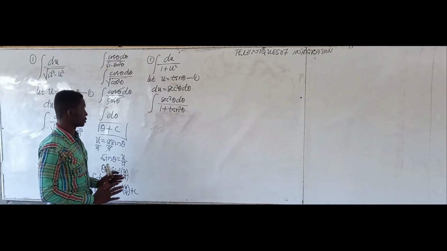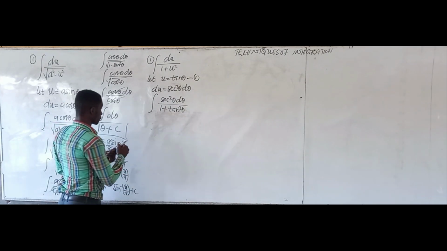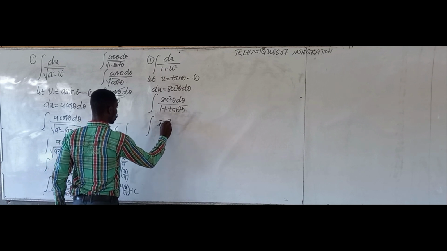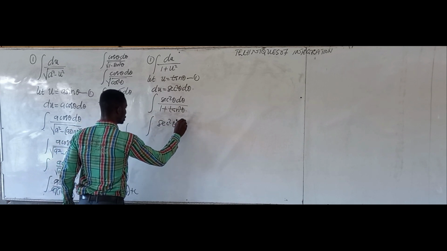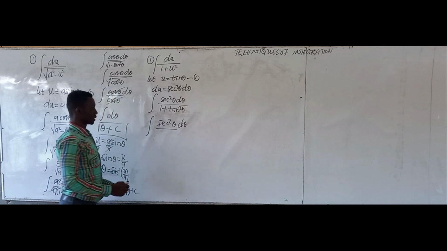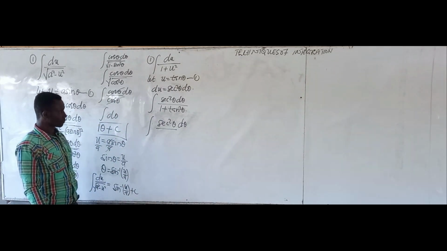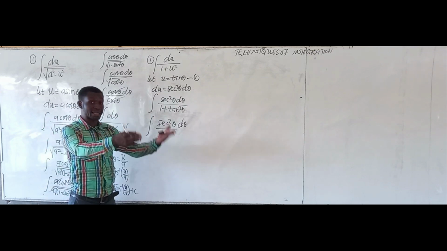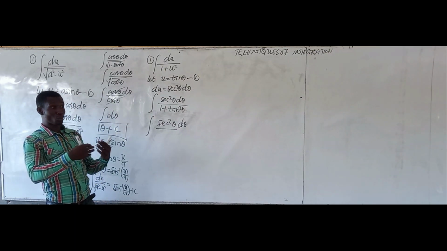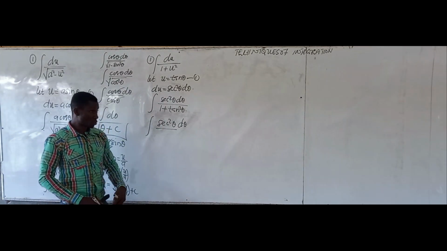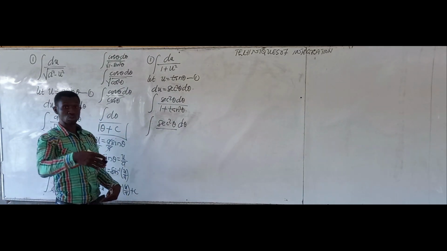That's very important. No two ways about that. Now, this one will give integral sec square theta d theta all over 1 plus tan square theta. 1 plus tan square theta is an identity. 1 plus tan square theta is equal to sec square theta, just like cos square theta plus sin square theta is equal to 1.